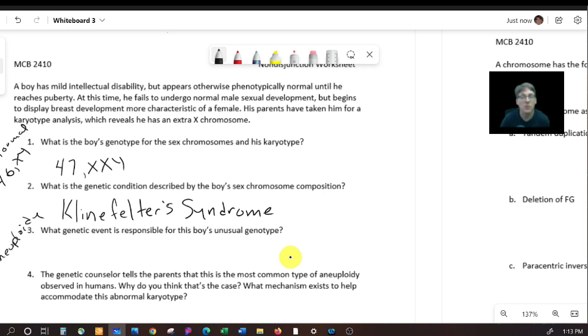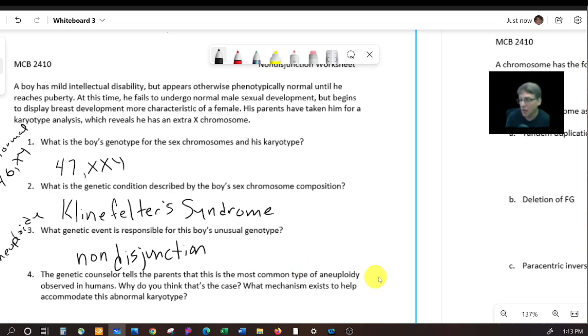The genetic event that's responsible for this is when we fail to separate either the sister chromatids or homologous pairs during meiosis. That results in having a gamete that has an extra chromosome, and this failure of properly segregating our chromosomes is referred to as non-disjunction.